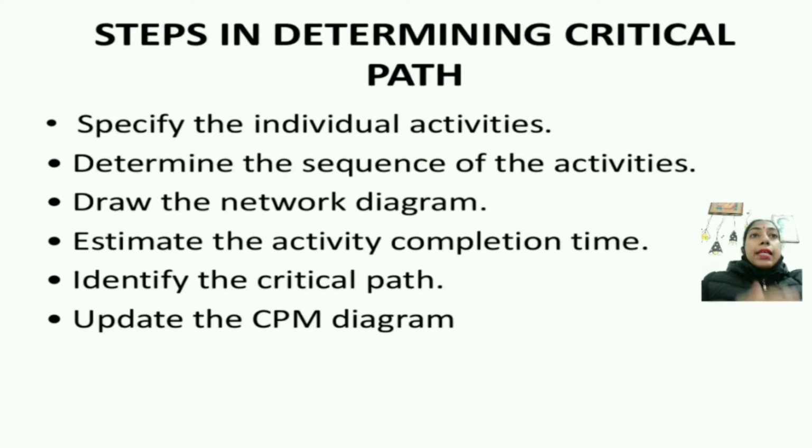Now, what are the steps in determining the critical path? Let's have a look at the critical path method as it is used in practice. The process of using the critical path method in the project planning phase has 6 steps. First, specify the individual activities, or activity specification.